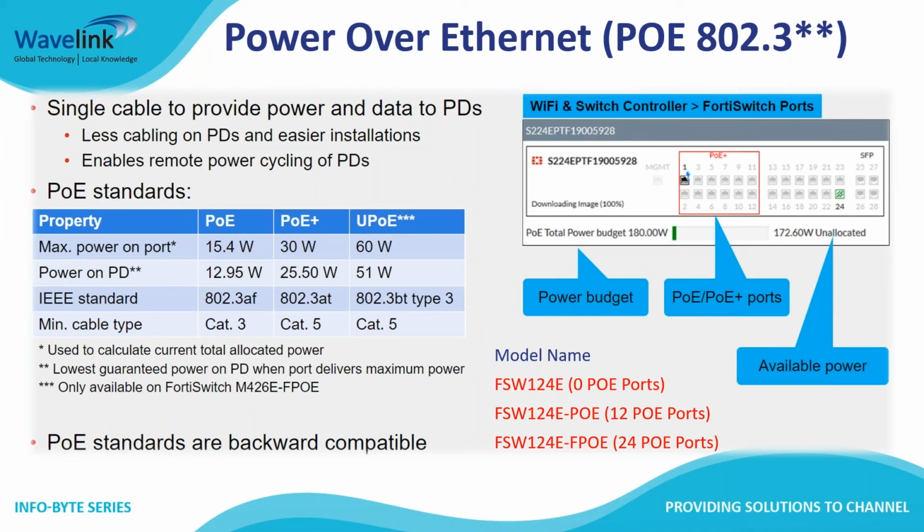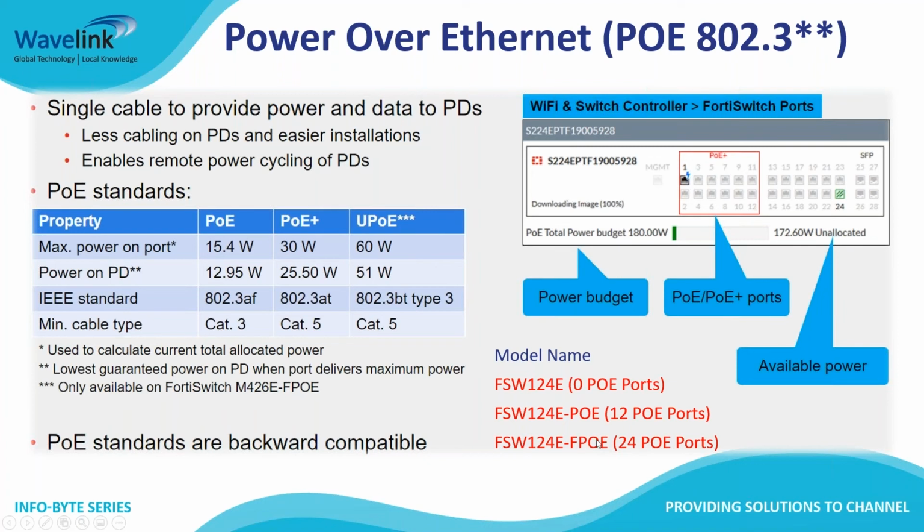Now, up until the E series, FortiSwitch E series, you could very easily look at a FortiSwitch model. Let's say the red lettering here, FSW FortiSwitch 124E, and then you have another model called FortiSwitch 124E PoE, and then there's another model called 124E FPoE.